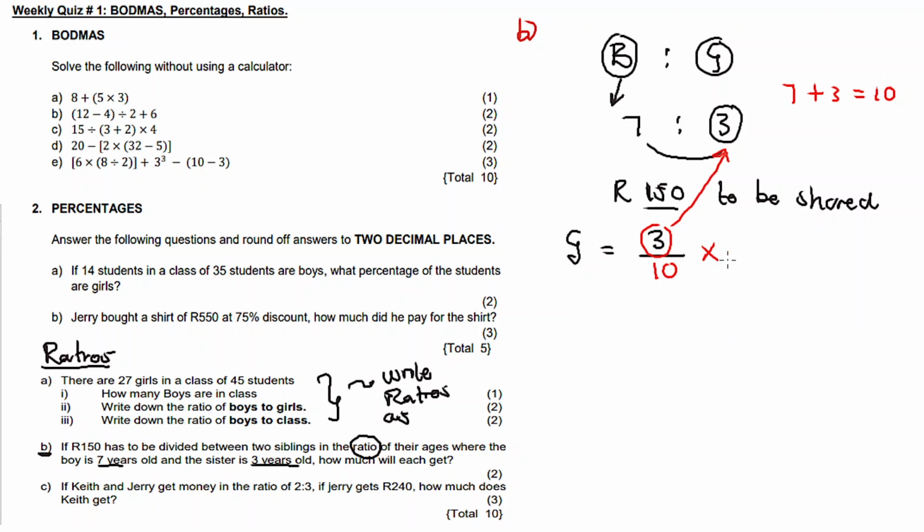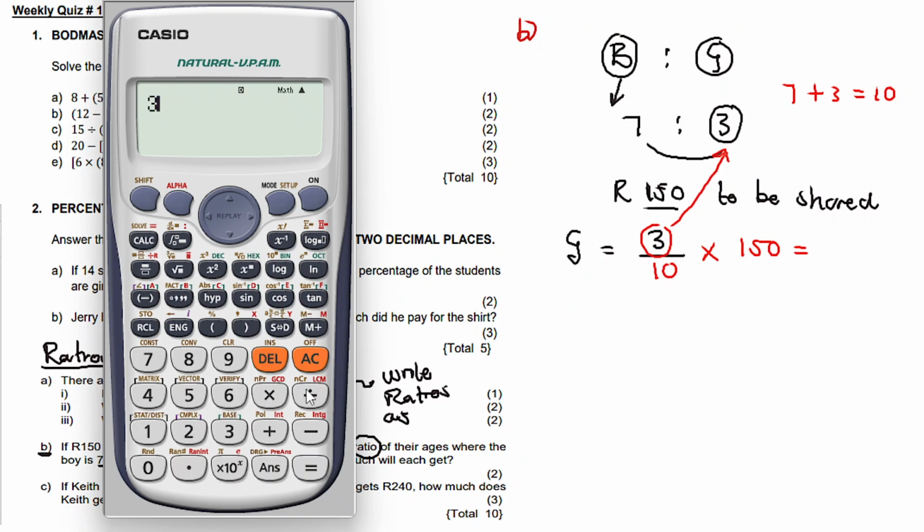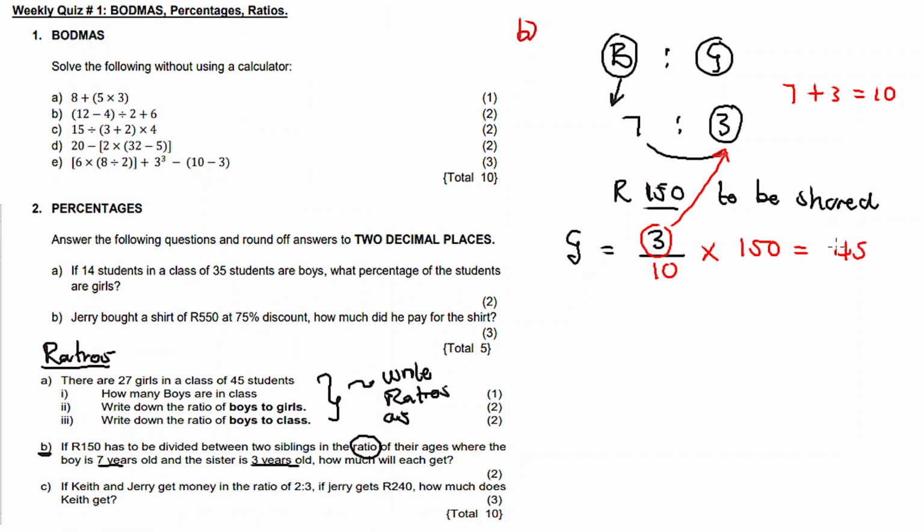Then you multiply by the amount to be shared, which is 150. So 3 over 10 multiplied by 150, we have 45 rand that goes to the sister or the girl.